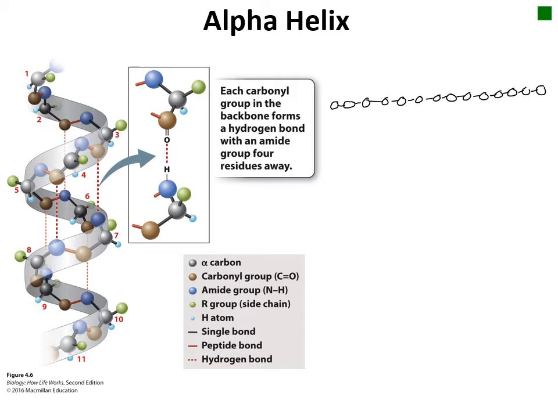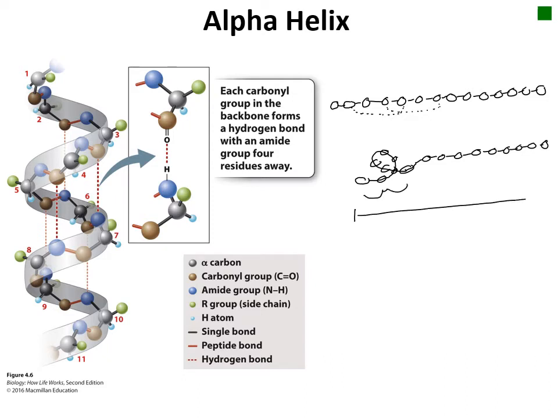The secondary structure would form when a small localized portion folds up into an alpha helix because of hydrogen bonds between every fourth amino acid, resulting in a structure that looks like this. Notice that the alpha helix only occurs in a small portion of the overall polypeptide chain.